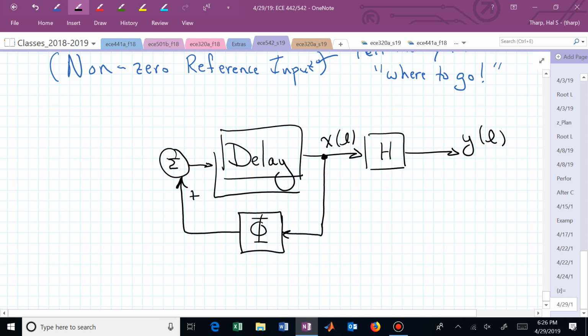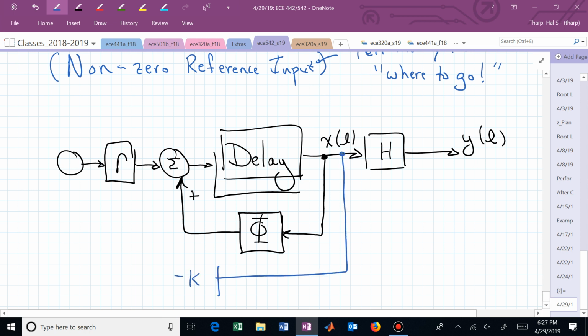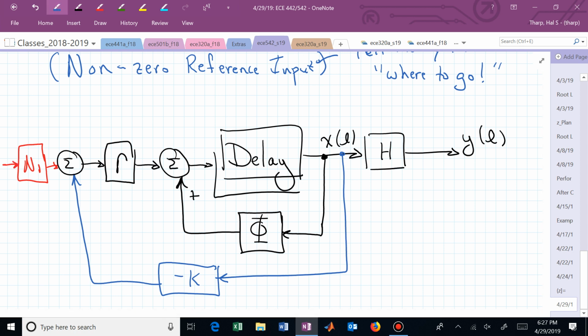There's our open loop dynamics, but now we have an input into the system, which, in addition to having full state feedback, and I've accounted for the minus sign in the gain block itself, what we actually want is to be able to inject a reference input right there. Here's our r of k.